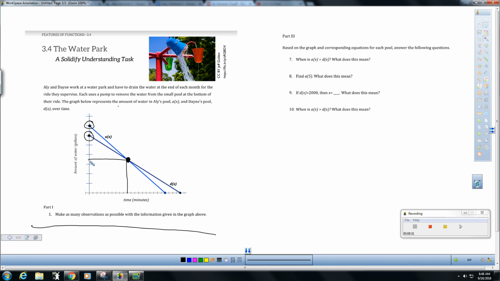Well, on the graph, it looks like we're going to have to estimate it, and later on in the chapter, we'll find out exactly how to find the intersection point. We've actually done that already, but 1, 2, 3, 4, 5, 6, 8, 9, 10. Okay, so it looks to me like that is the point.